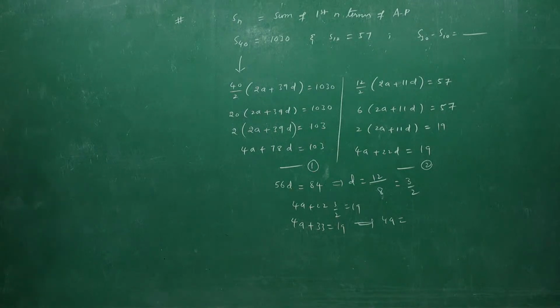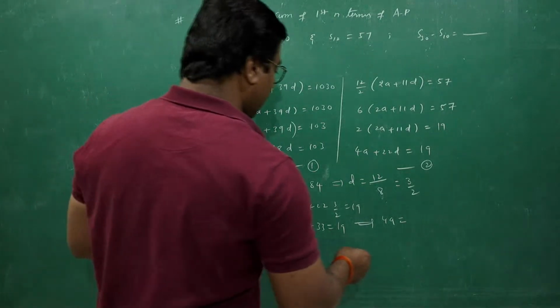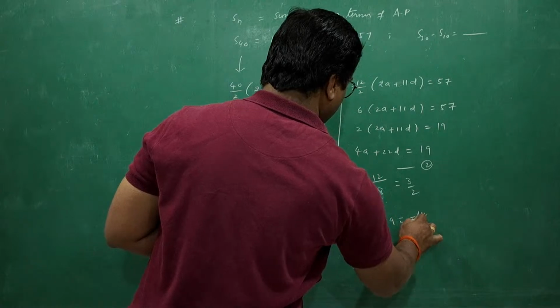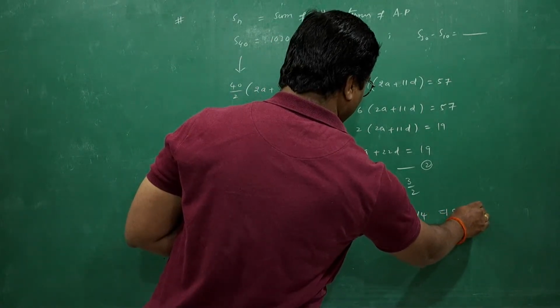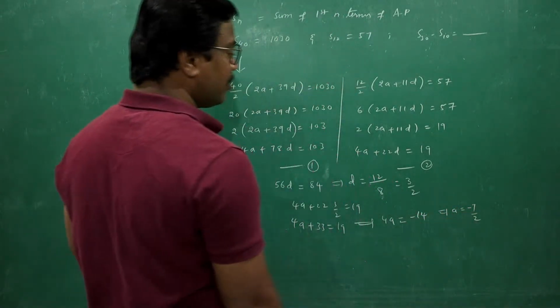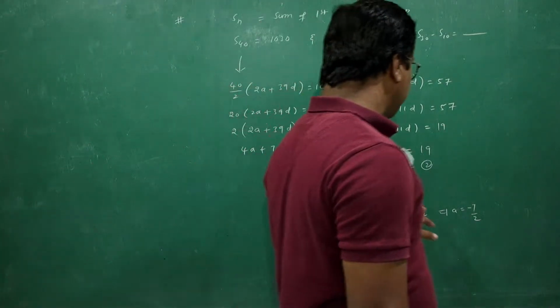How much? Minus 14. And this implies the value of a equal to minus 7 by 2. So I got the value of d as well as a.